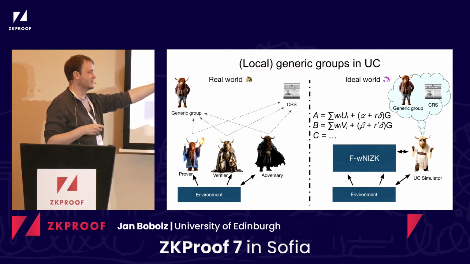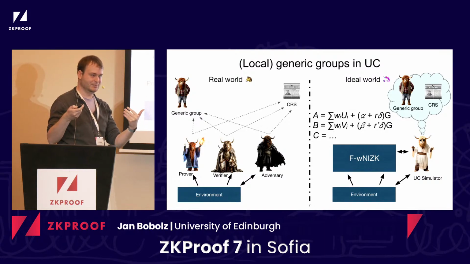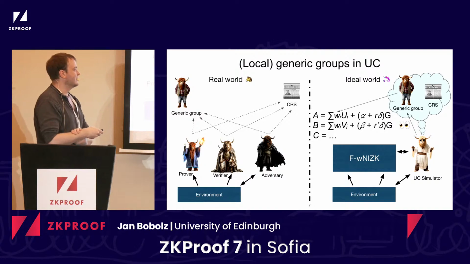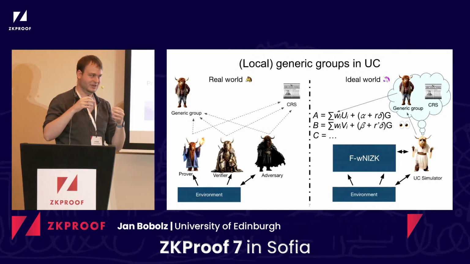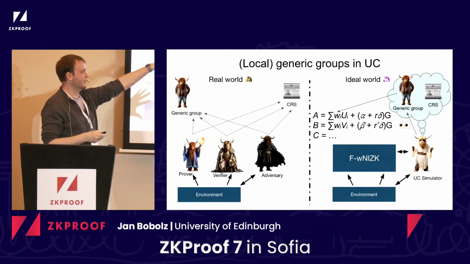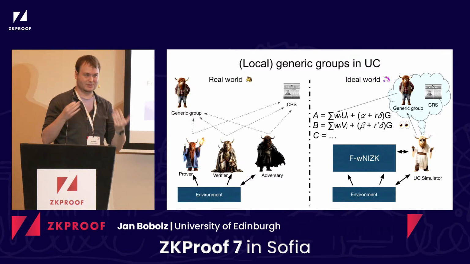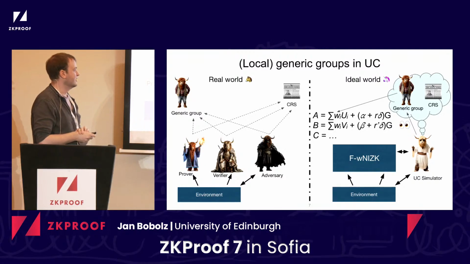When the UC simulator is asked to extract such a Groth16 proof, it can look at all of the group operations that the prover or the environment or anyone has done that led to these group elements, and analyze how each group element was computed. So these are the coefficients of the CRS elements, UI, VI, and these elements are essentially our witness. So this is how the simulator could extract in this setting.